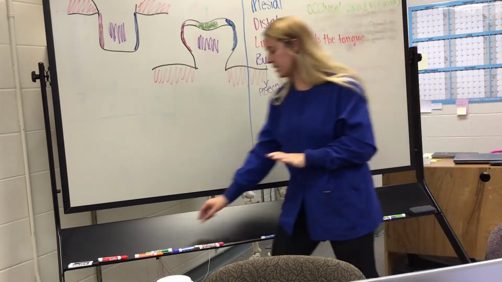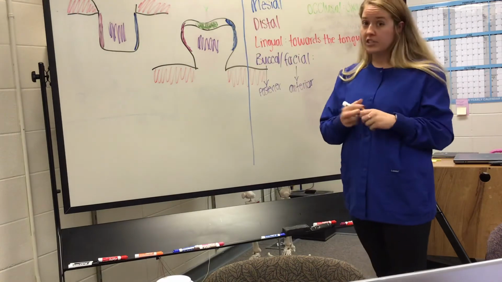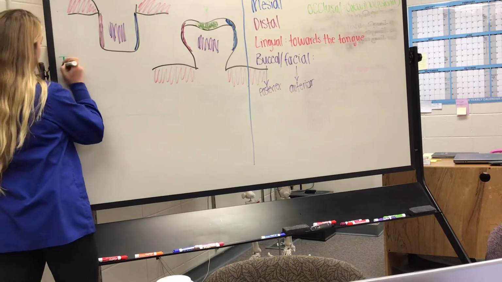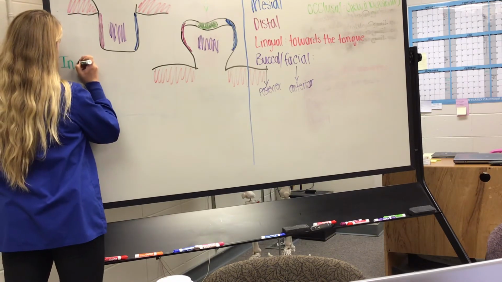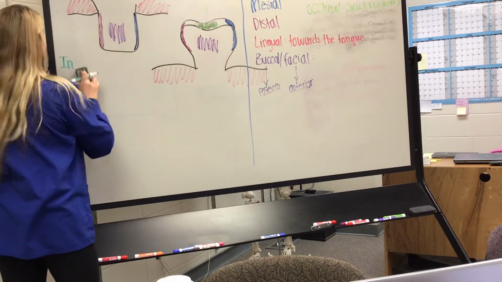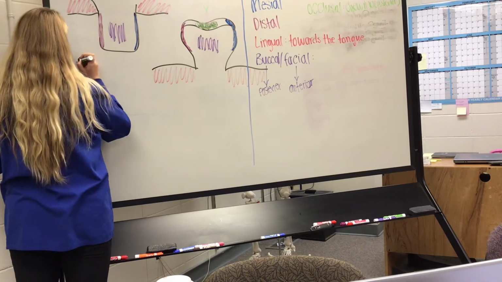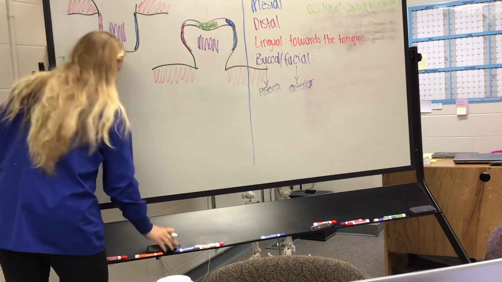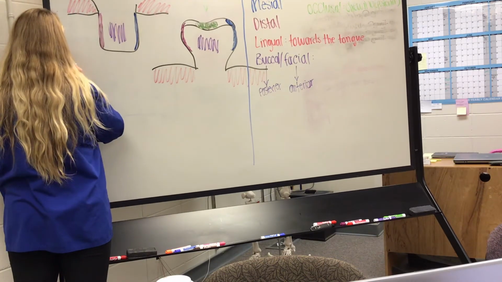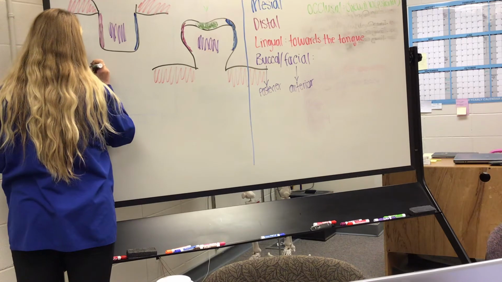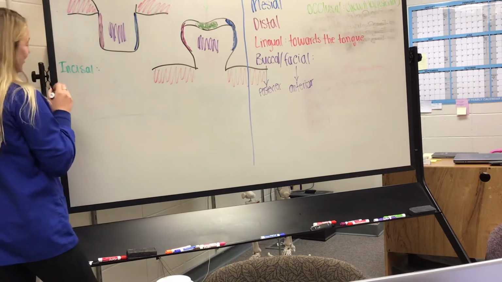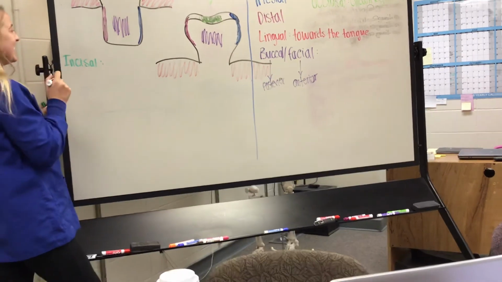The next one that is in connection with the occlusal but on the anterior tooth is called your incisal surface. Sorry, I'm drawing a blank on how to spell this at the moment. Okay, don't quote me on that, but this is our incisal surface.